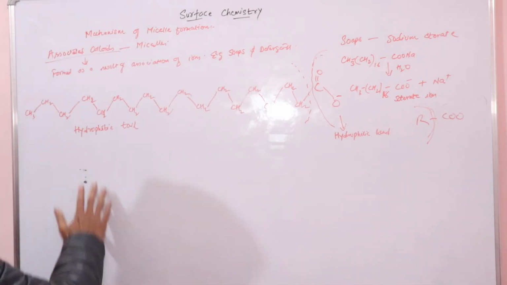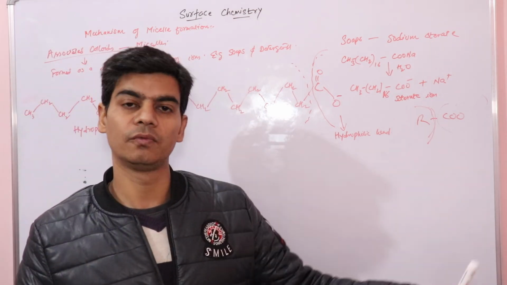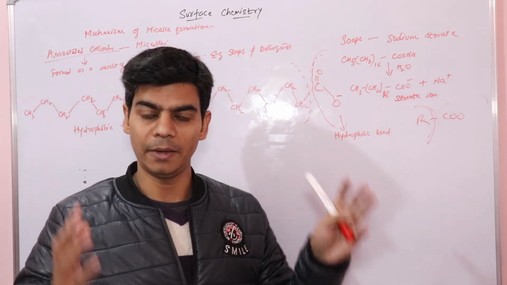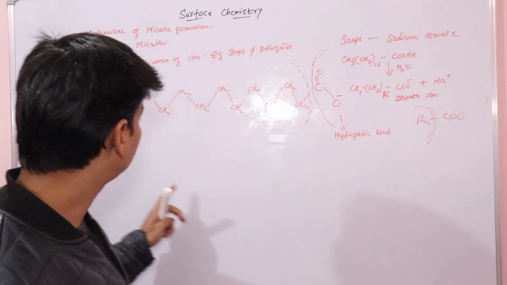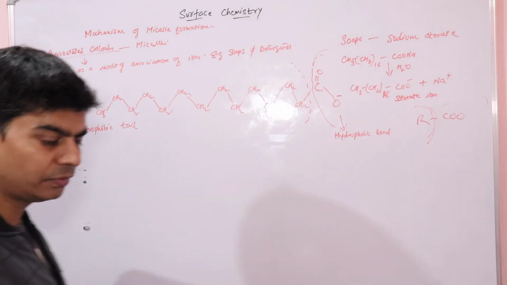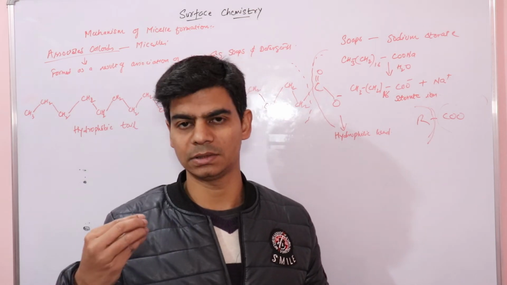And one more thing, the molecules or ions that contain both hydrophilic and hydrophobic part are known as amphipathic molecules. Why amphipathic? Amphi is a Greek word which means both, and pathic means feeling.